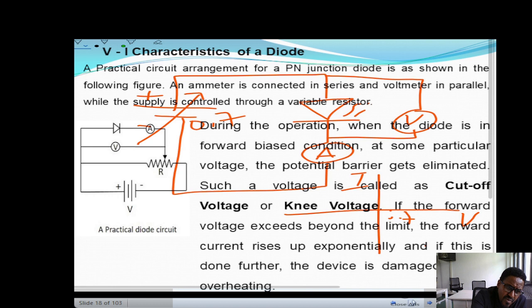So when you increase the source of the battery, the current rises exponentially.